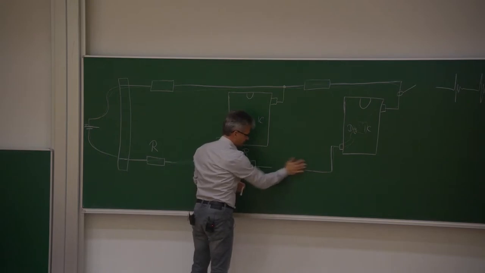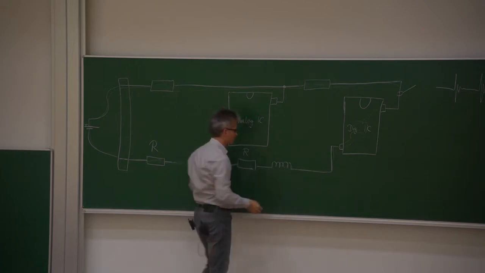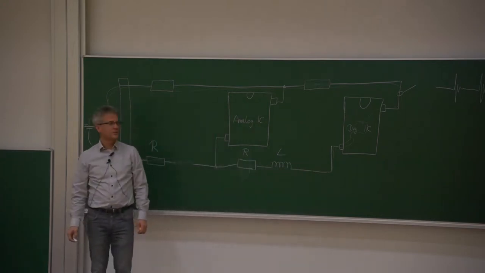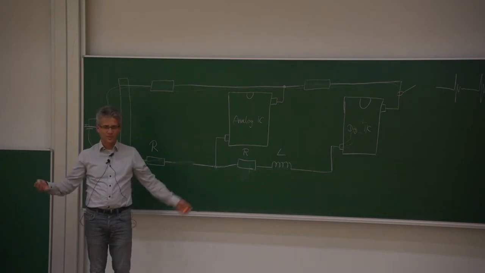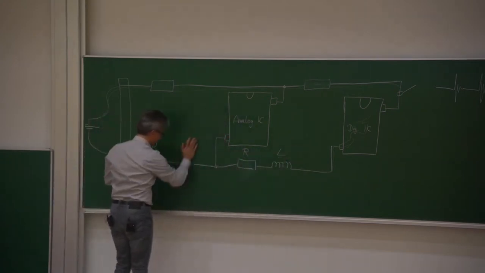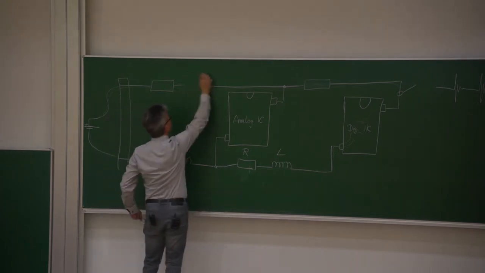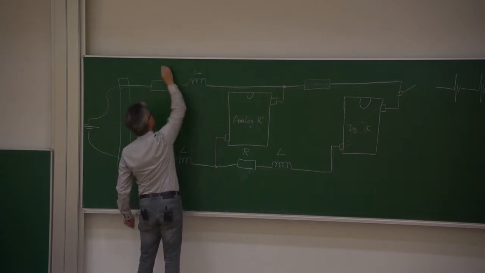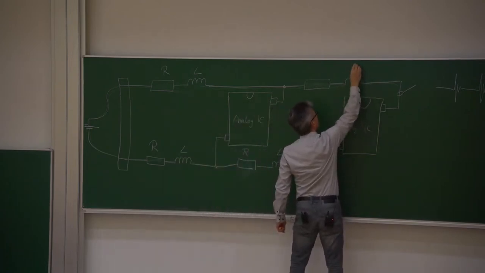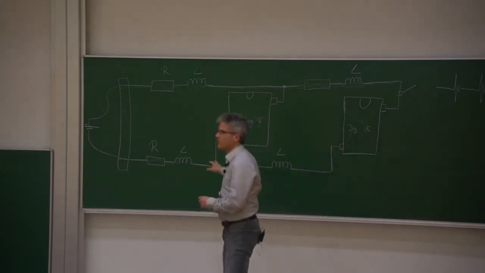So we can also place a so-called partial inductance, this was the word I was looking for, for this branch here, and the partial inductance here, and also over there, and also over there. So this is just a very simple equivalent circuitry.